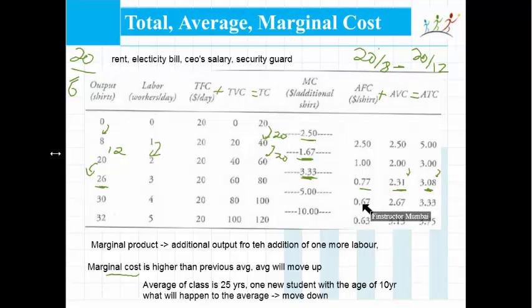The average fixed cost will keep going down. The average variable cost will keep going up, because the marginal cost is higher than the previous average.